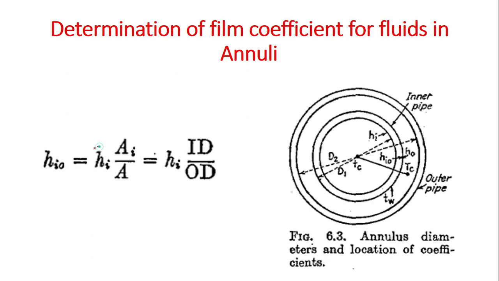This hi you can easily determine from the previous correlation or the previous graph. You can just put the values of the inner diameter and the outer diameter, and you will get the corrected value of the film coefficient, also known as the film coefficient for the annulus region.